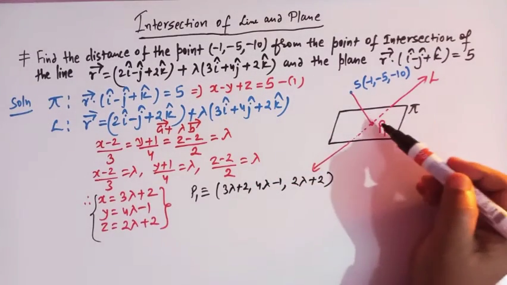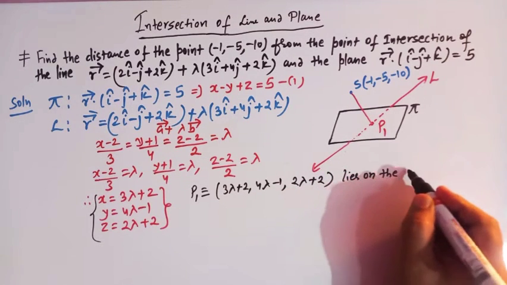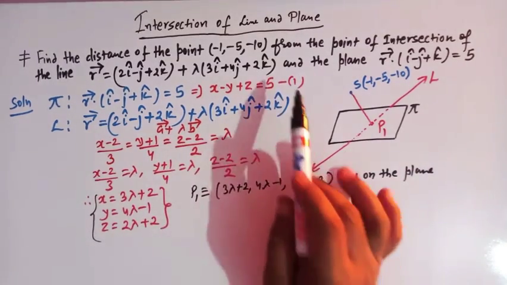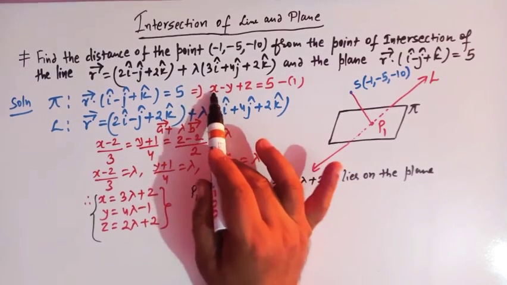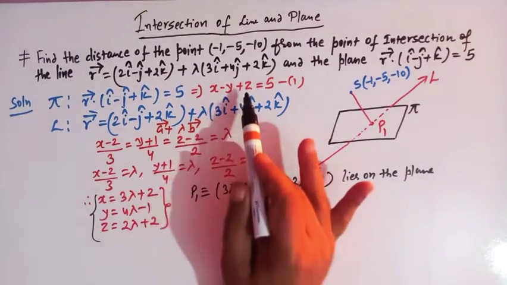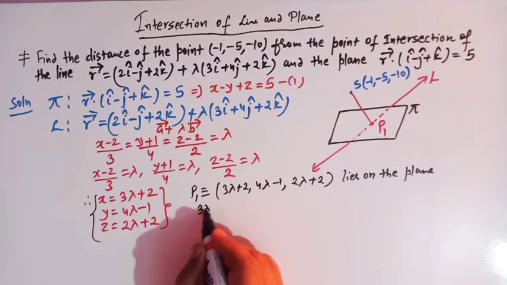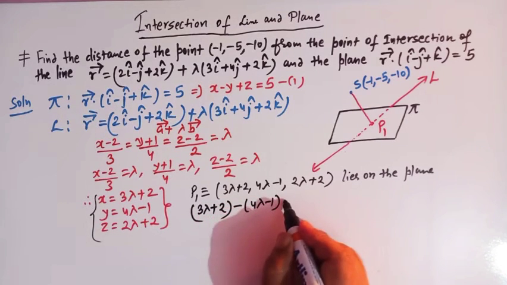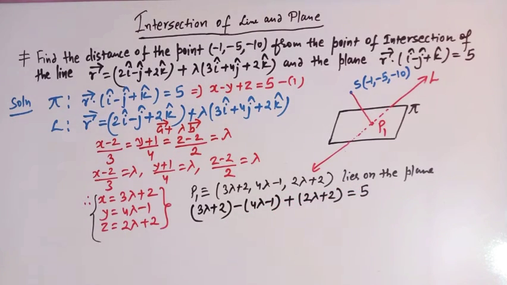Now see the point P1, it lies on the plane, so this point P1 will satisfy the equation of the plane, which is equation number 1. So if we substitute here for x 3 lambda plus 2, for y 4 lambda minus 1, and z equal to 2 lambda plus 2, then we get 3 lambda plus 2 minus 4 lambda minus 1 plus 2 lambda plus 2 is equal to 5, right?